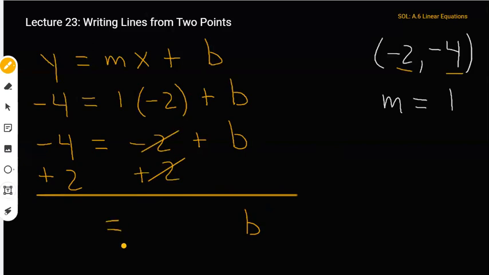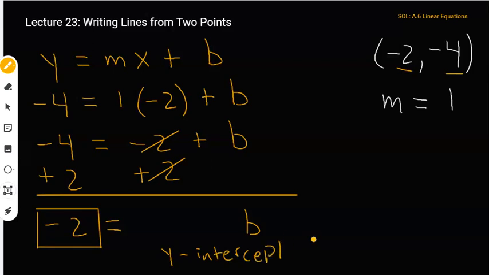And then over here, I have -4 plus 2, which is -2. That's going to be my b value, also known as the y-intercept. So this line, whatever it is, is going to cross the y-axis at -2.